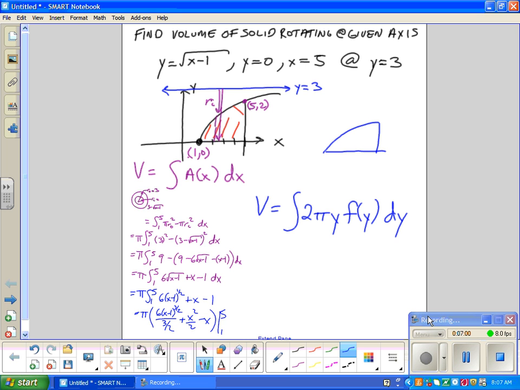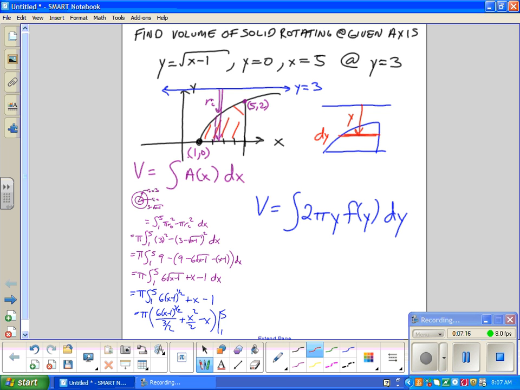The circumference, the sliver in the cylindrical shell, is a y distance away and it's dy thick, because you're doing circumferences.